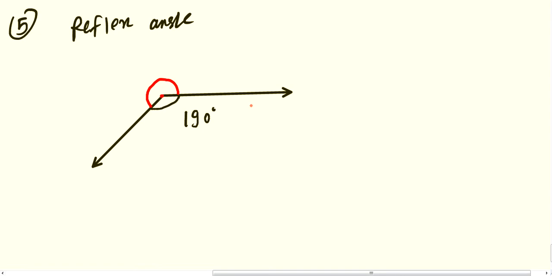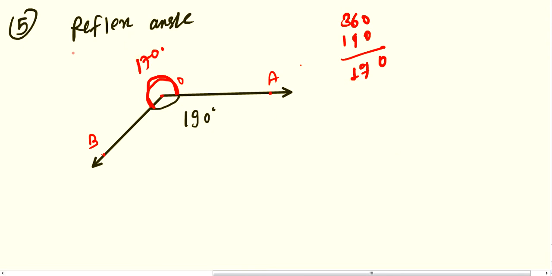This is point A, O, B. So if this portion is 190 degree, then what about this portion? Simply you have to subtract from 360. So 170 degree is the required answer. So like this you have to find the reflex angle.